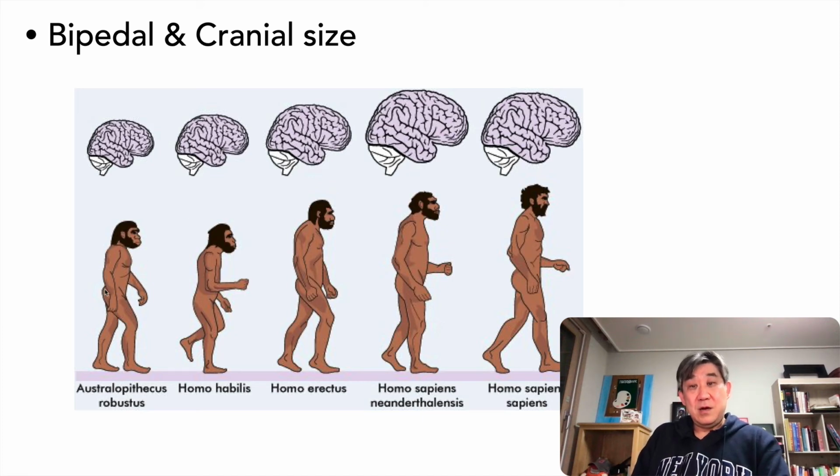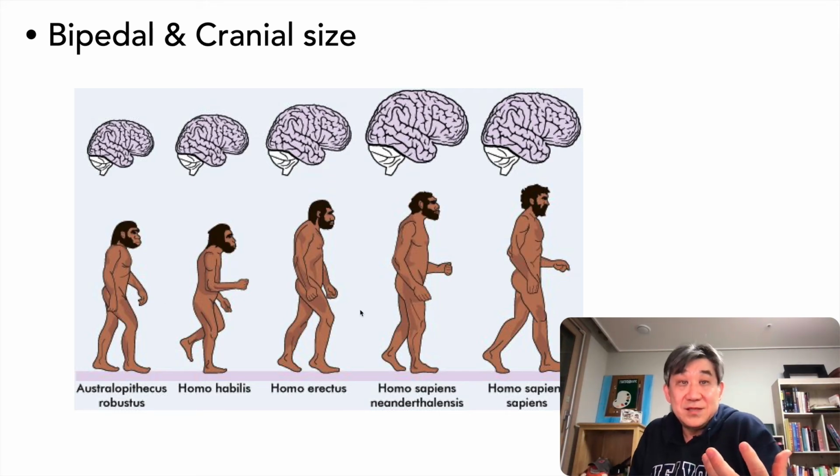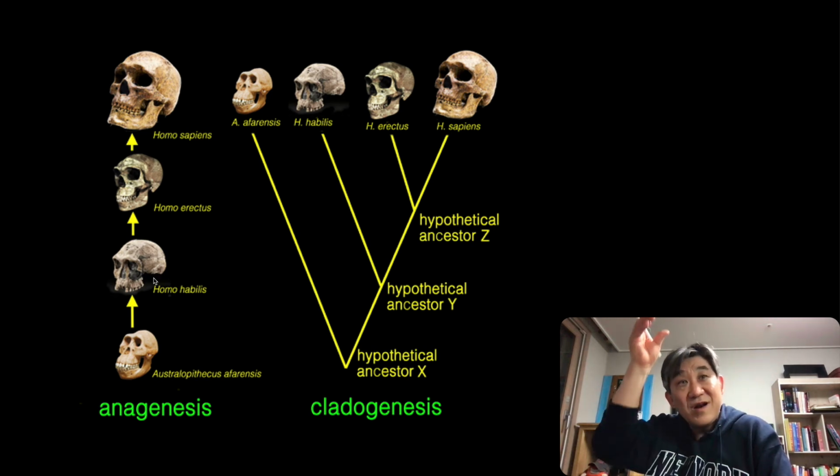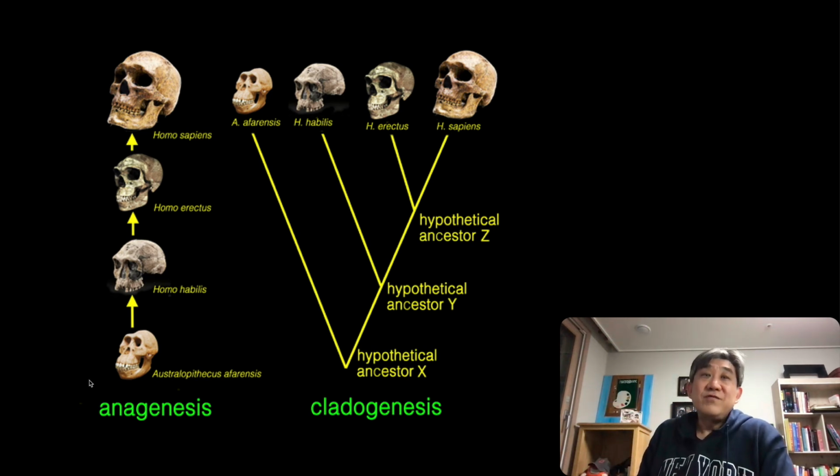There are also some evolutionary trends we can notice. Once again, we should not view evolution in a linear way, starting from Australopithecus and becoming modern human Homo sapiens.